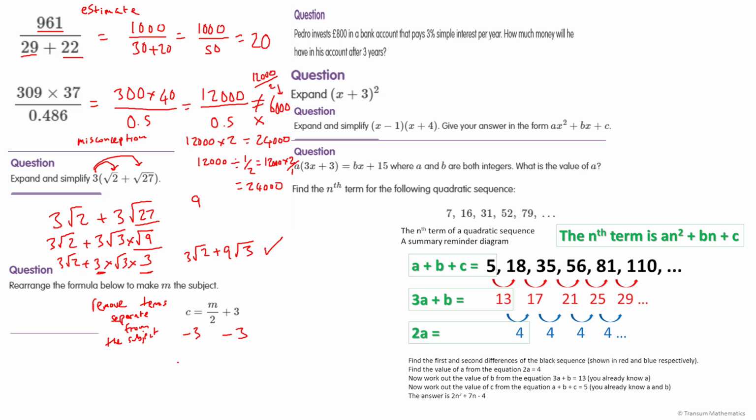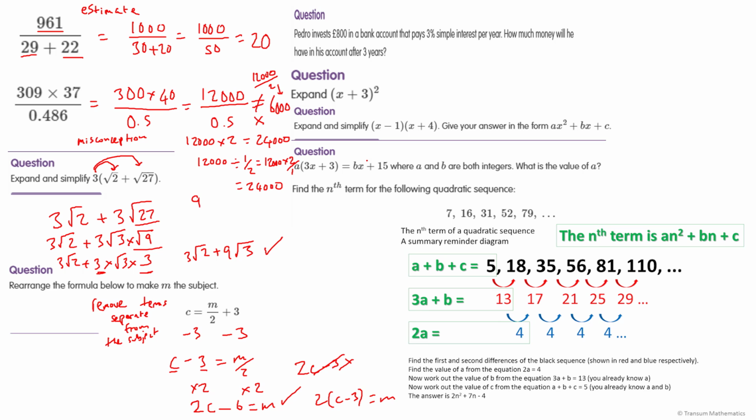So then you can see we get c minus 3 equals m over 2. Now remember, when we times by 2 on both sides, we are multiplying everything, each term, by 2. So that will become, what's 2 times c is 2c, 2 times minus 3 is minus 6 equals m, and that's it. Many of you wrote 2c minus 3, and that's wrong because you forgot to multiply the 3, or if you just wrote 2c minus 3, put it in a bracket like that, that is acceptable as well.